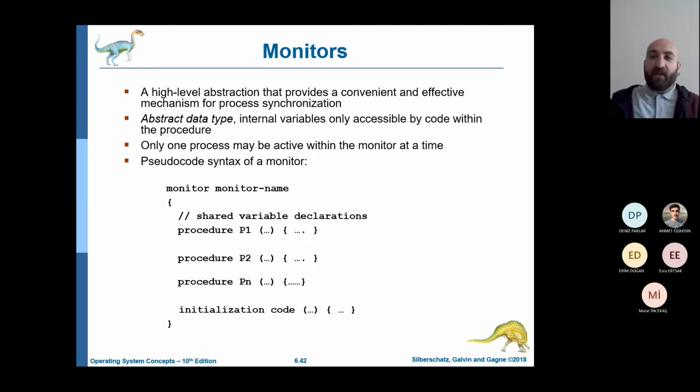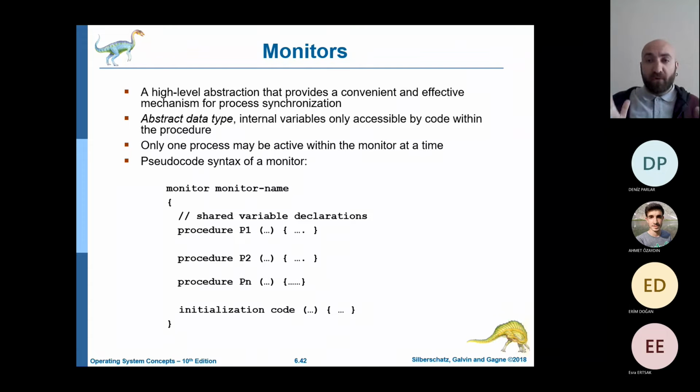We have another solution. We have mutexes, we have semaphores. Semaphores can be binary semaphores or counting semaphores. Also, we have monitors. Although semaphores provide a convenient and effective mechanism for process synchronization, using them incorrectly can result in timing errors that are difficult to detect.